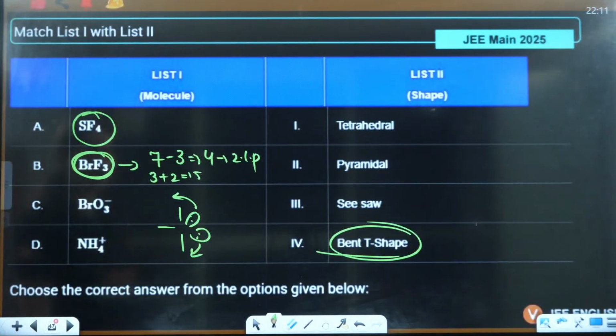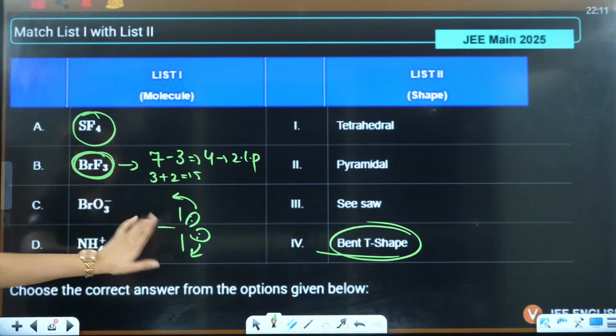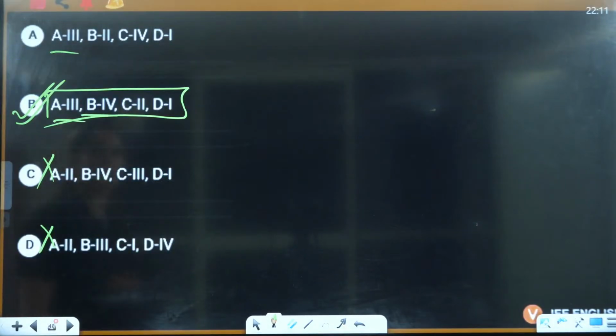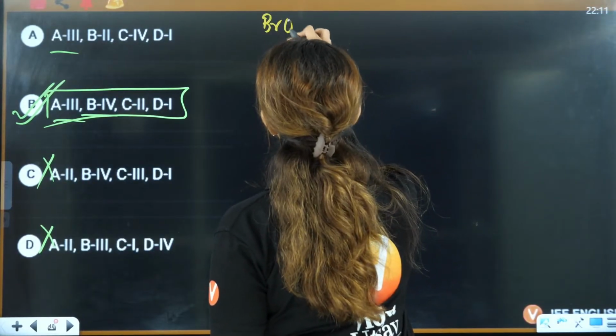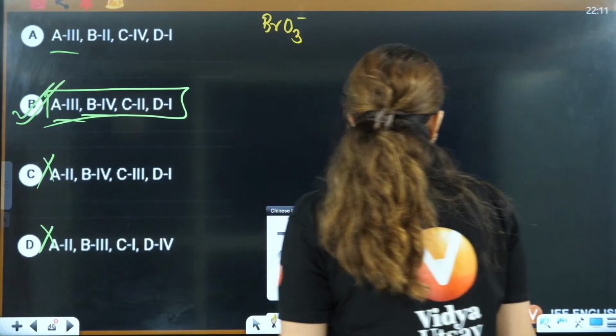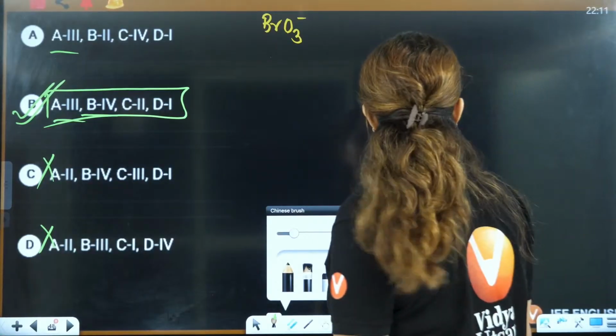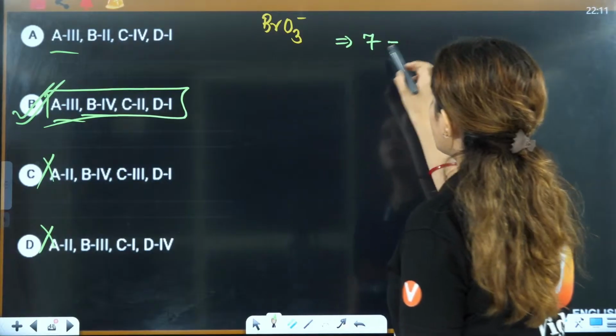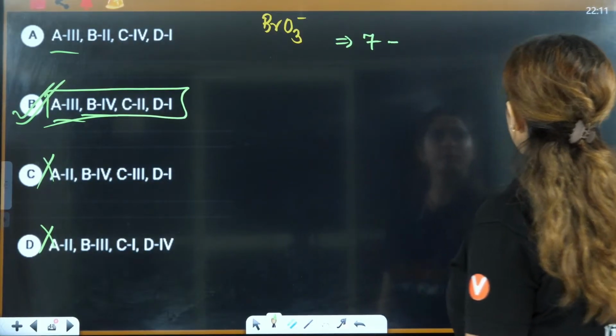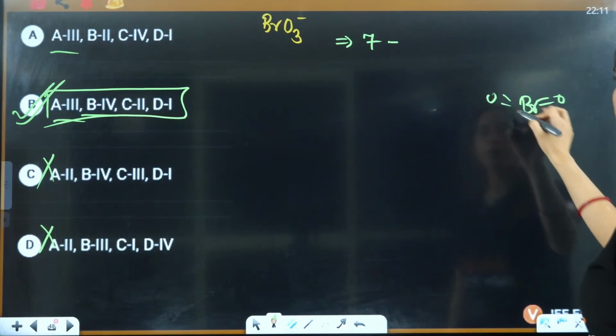Now how is C BrO3 negative? BrO3 negative, I'll just draw it here. Guys, if you draw this here, what you will have, bromine belongs to group number 7 minus, now bromine will always have double bond, double bond, double bond.